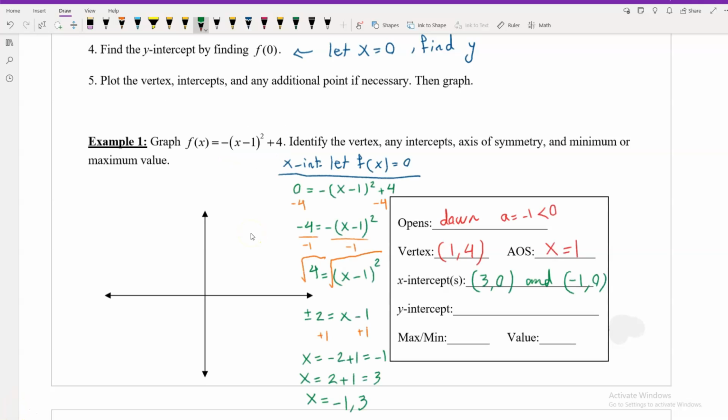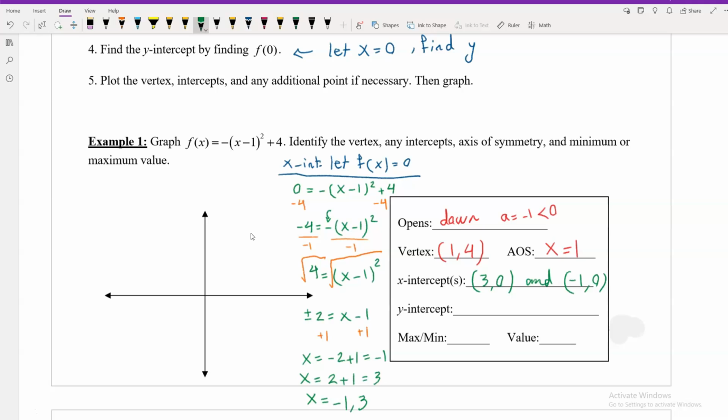Then finding the x-intercept, let f(x) equal to 0. So we have 0 equal to negative (x minus 1) squared plus 4, and we want to solve for x, so we have to isolate x. Subtract 4 from both sides. We have negative 4 equal to negative (x minus 1) squared. Then I should eliminate that negative 1, so divide both sides by negative 1.